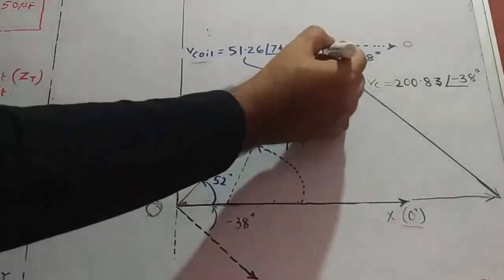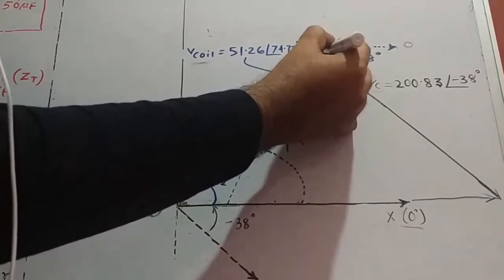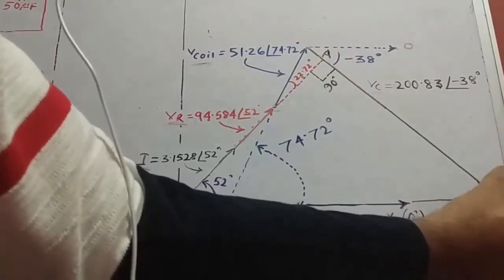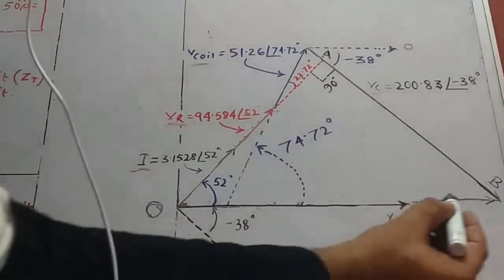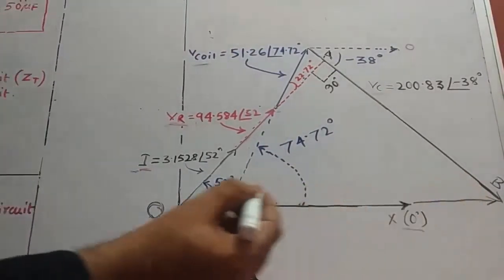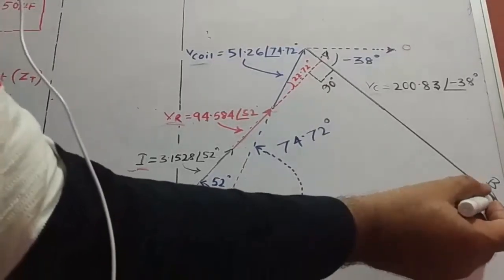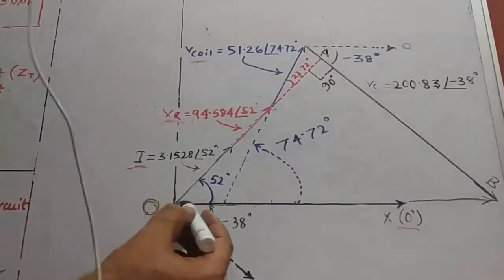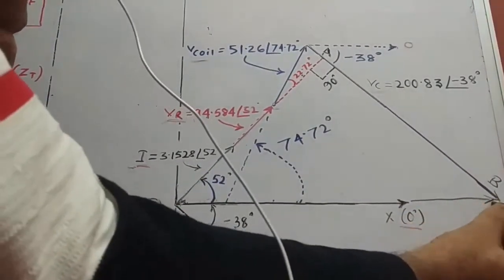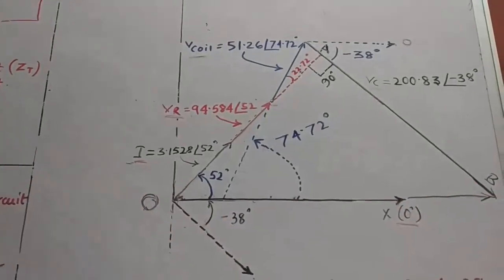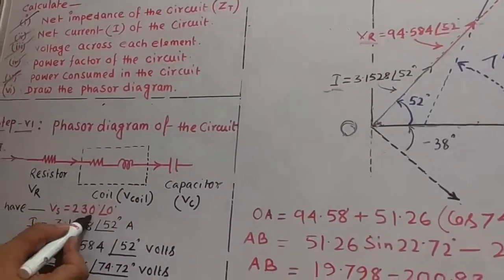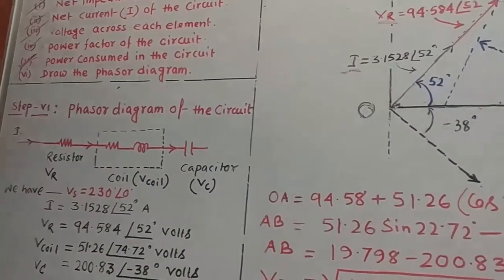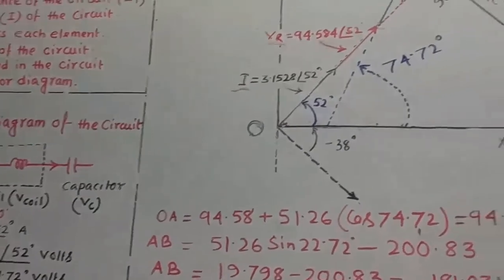This point is point A, and this point is point B. This is your reference line, and it should be the supply voltage. The magnitude of this line should be 230 and the angle should be 0, because our system voltage is 230 angle 0.